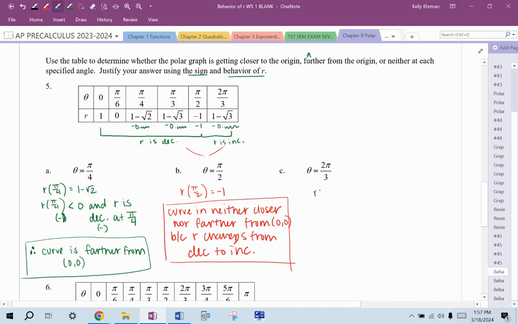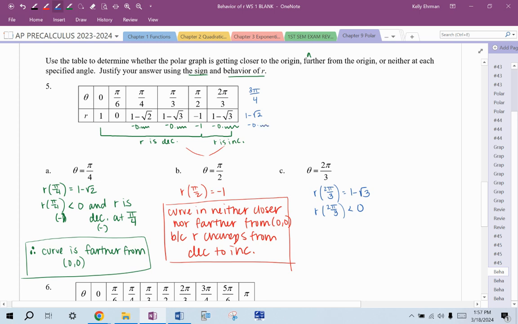All right, and what about 2 pi over 3? So r of 2 pi over 3 is equal to 1 minus radical 3, which is negative. And if I really want to be thorough about this, I might plug in one more angle and say, well, what about what's happening at the next angle over at 3 pi over 4? I'd get back to 1 minus radical 2.